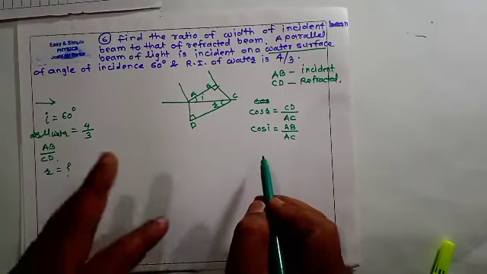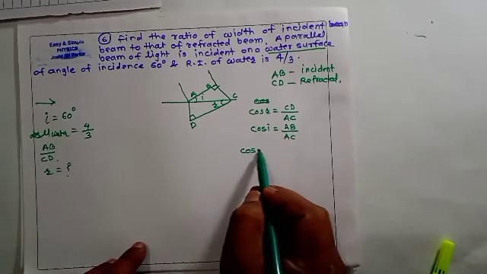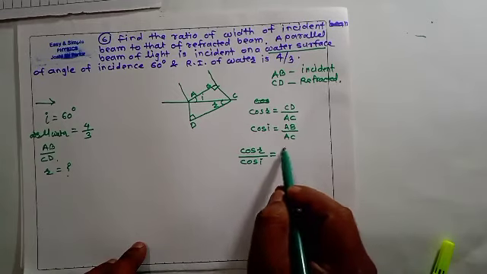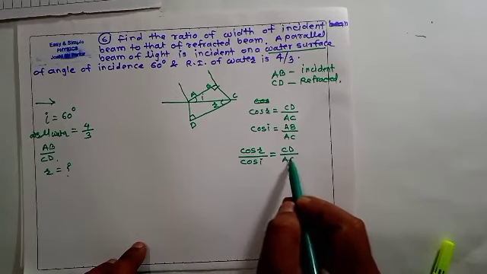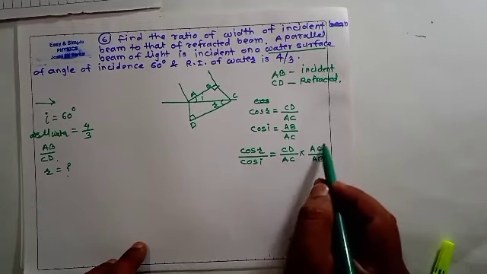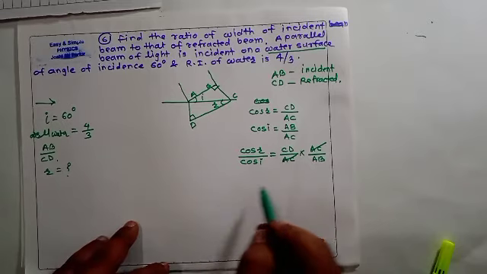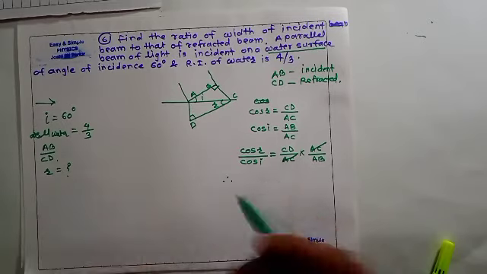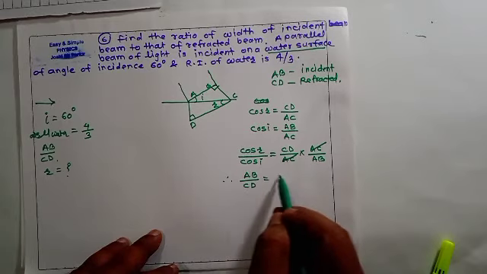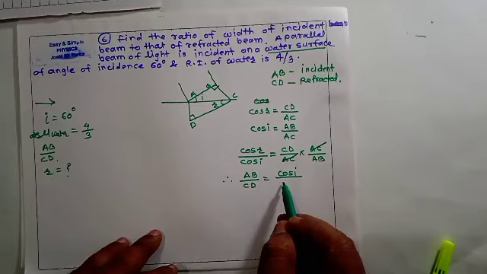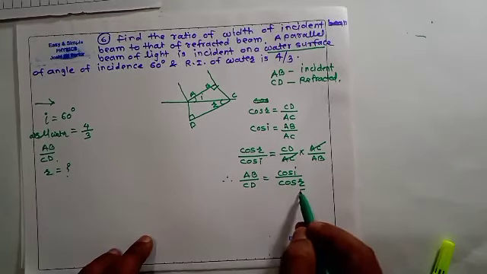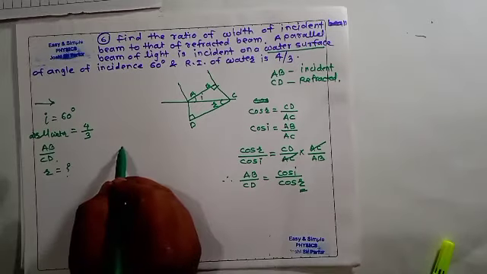If we divide cos of R by cos of I, what happens? CD upon AC multiplied by AC upon AB. AC gets cancelled, therefore by rearranging, AB upon CD is equal to cos of I upon cos of R. So first we can find out R by using Snell's law.